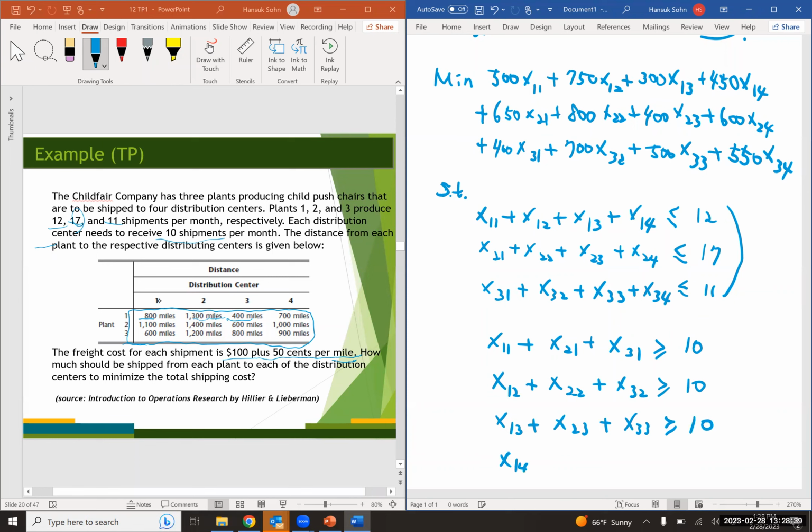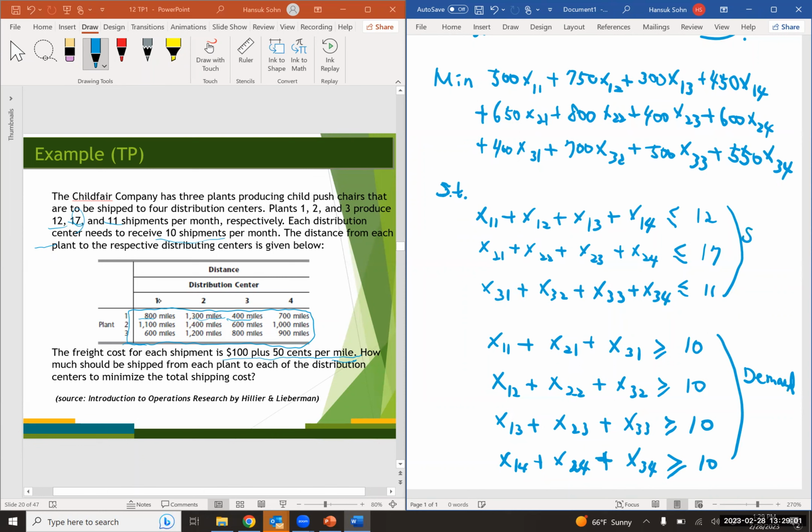And then x14, x24, x34, right? This is x24. Has to be greater than or equal to 10. So this is the demand constraint.